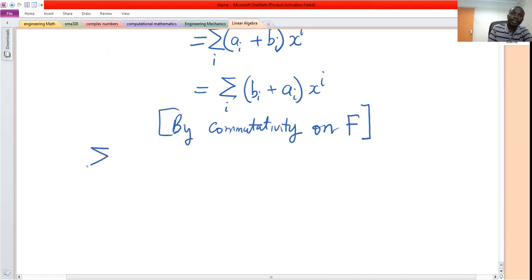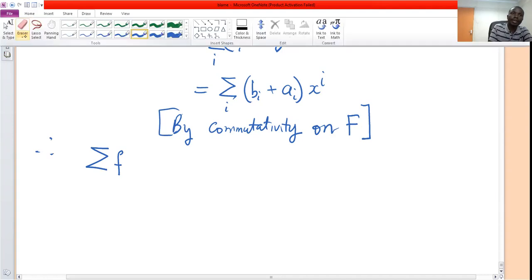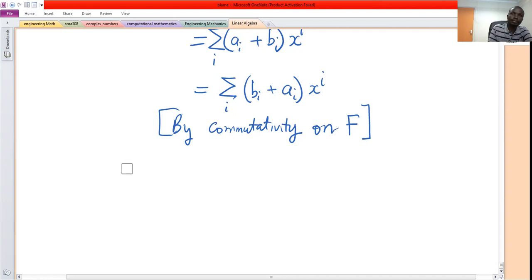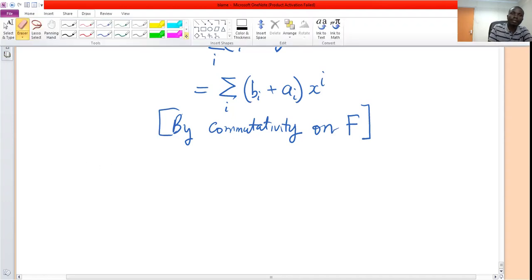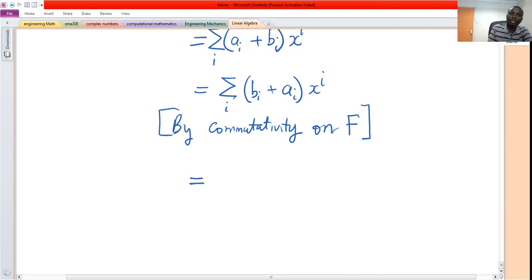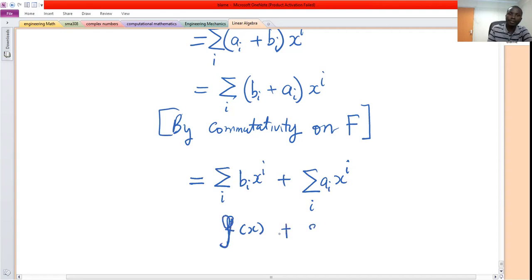So from this, we can write this as summation of bi xi plus summation of ai xi, and this is the definition of g of x, and this is the definition of f of x.